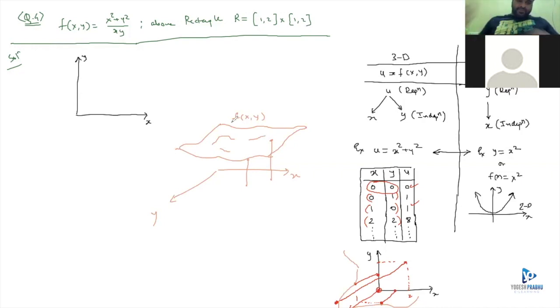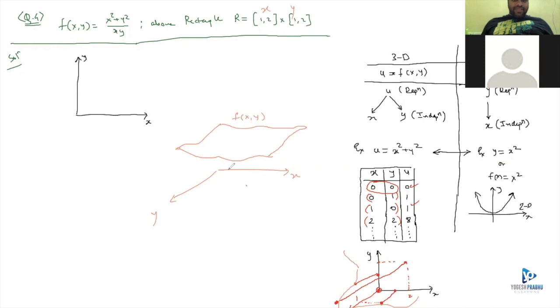Find the volume under the graph of f of x comma y above the rectangle. So what are they trying to tell you? The question is saying that f of x comma y is going to be some surface like this. And under this surface, 1 to 2, 1 to 2. These are the range of x and this is the range of y.